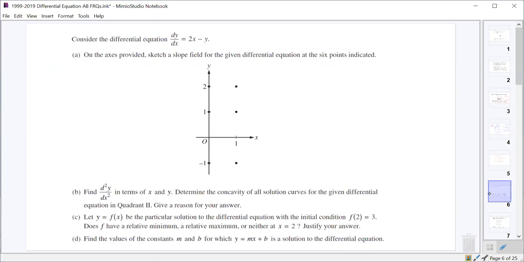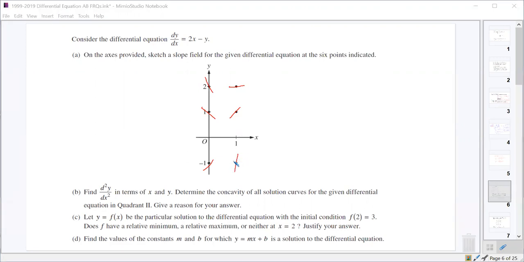So first thing is just doing the slope field. 6 points once again, so maybe just plug in each one of them, shouldn't be too difficult. 0, 1, so 0 for x, 1 for y, looks like that gives us -1. 0, 2 is going to give us -2, and 0, -1 is going to give us a +1. 1, 1 is going to give us +1, and 1, 2 is going to give us 0, and then 1, -1 is going to give us 3.